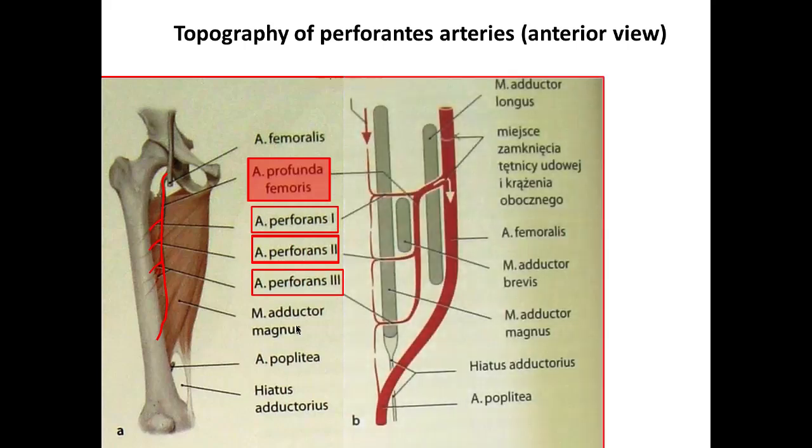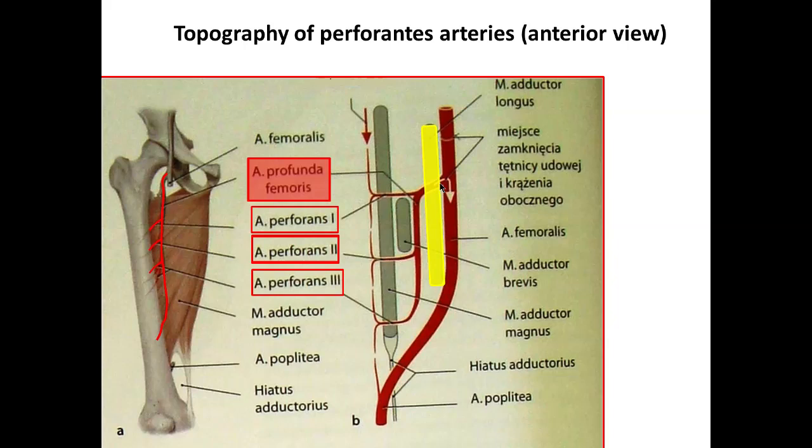And now this is a scheme of the same place from a lateral view. Let's try to understand. This is arteria femoralis. It passes this way and branches into the arteria profunda femoris. Here it is, arteria profunda femoris.